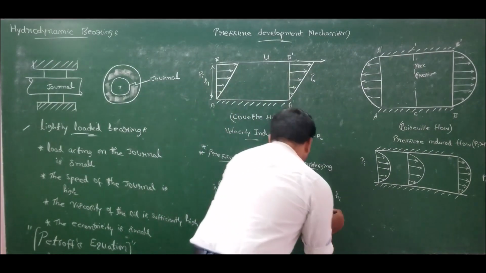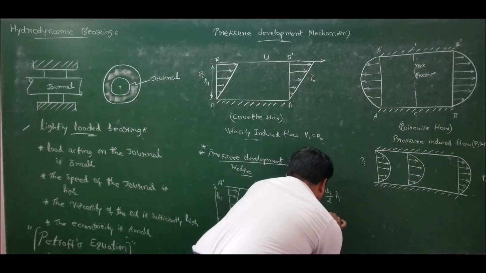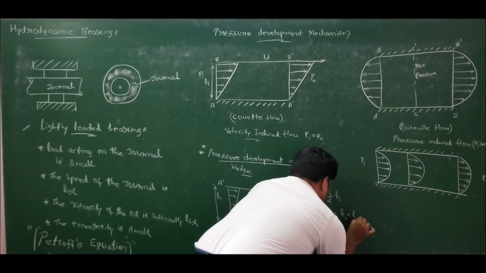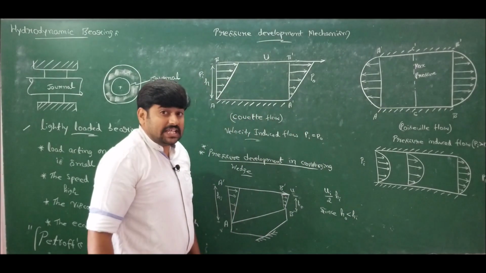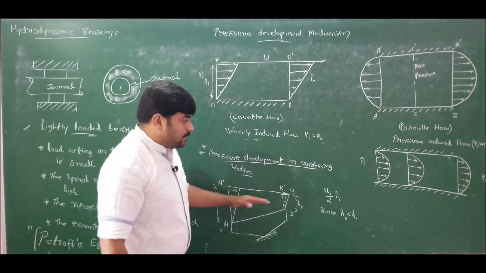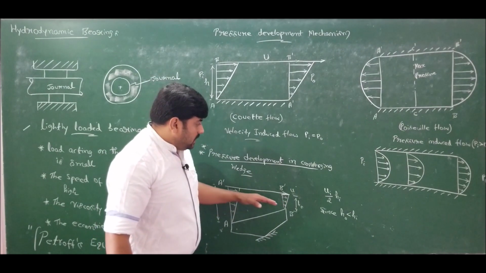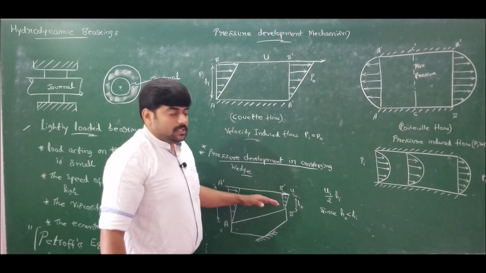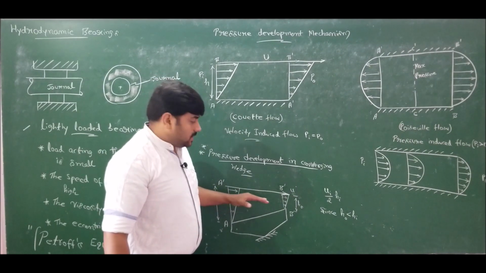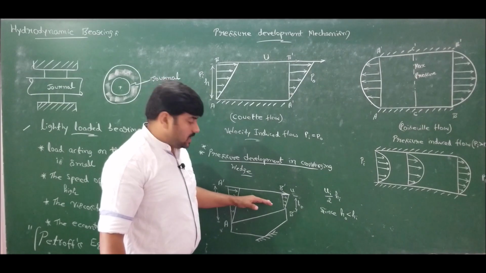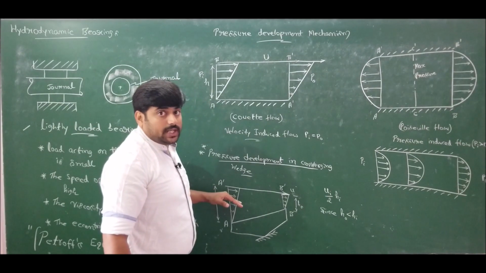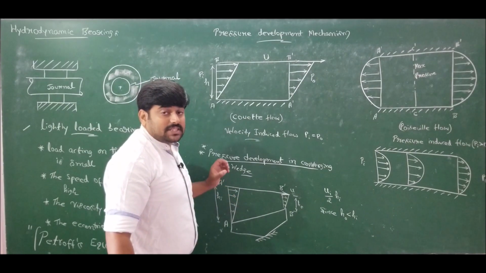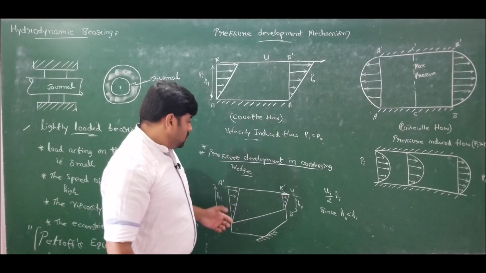Since h naught is less than hi and the fluid is incompressible, the volume flow rate should remain constant. Since the volume flow rate should remain constant, the velocity profile will get distorted, because of which the pressure difference will be created.